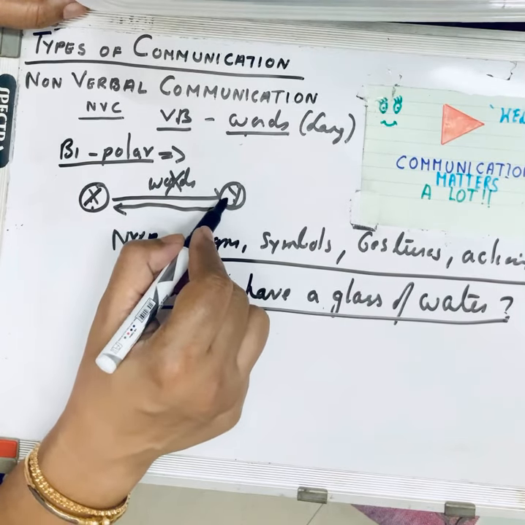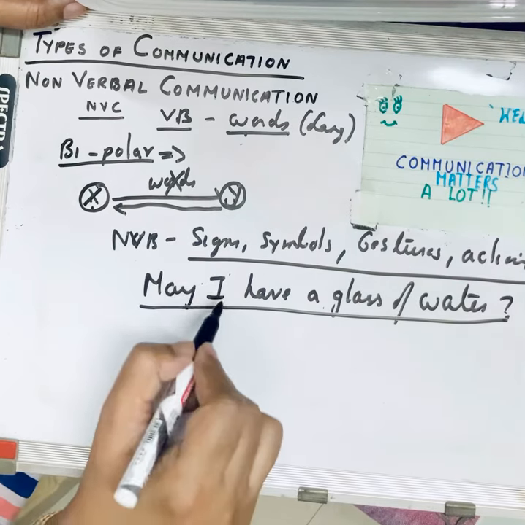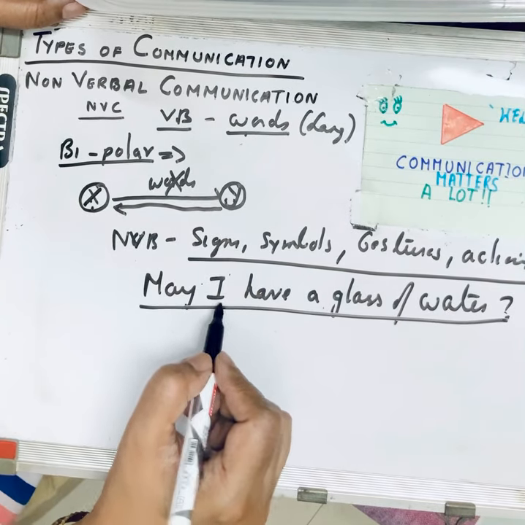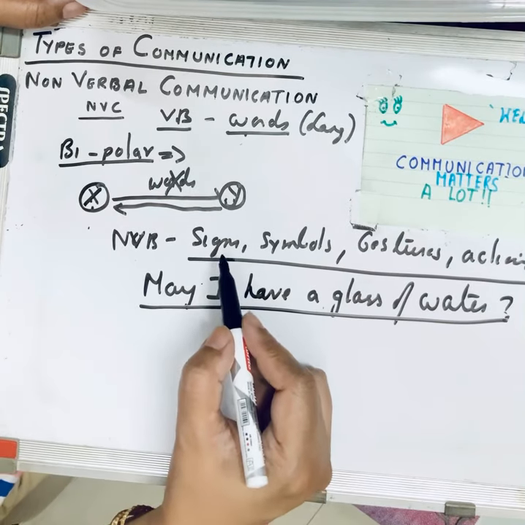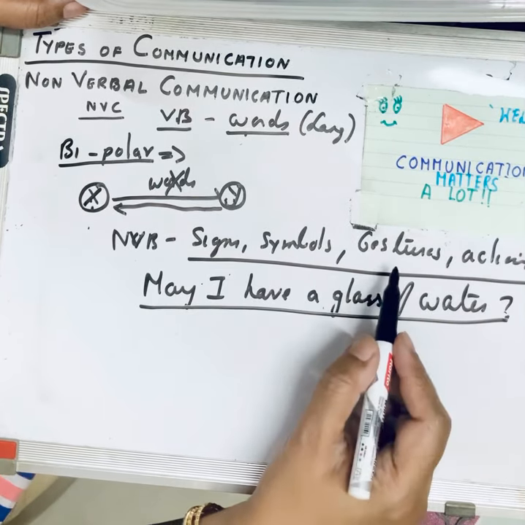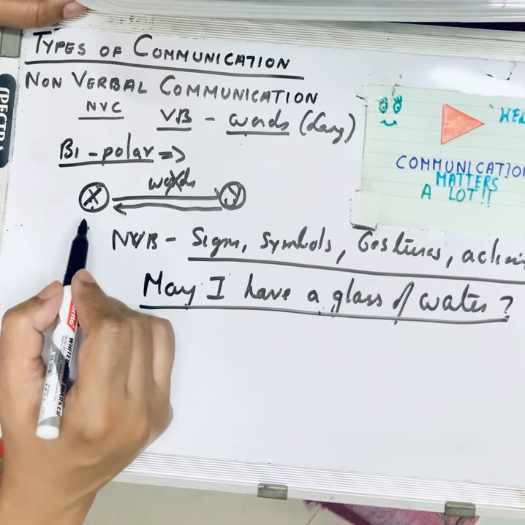Now, if X and Y do not understand a common language and X has no choice but to use certain signs, certain symbols, certain gestures to explain this message, how will X do it?